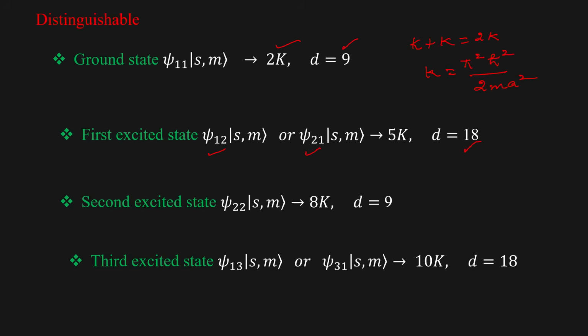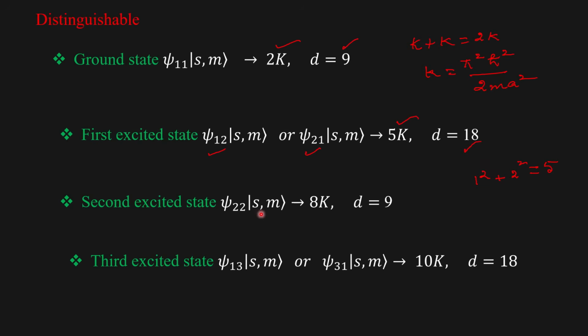What about the energy? 1 squared plus 2 squared, totally you have 5. So 5k. Then the second excited state is psi 2 2 χ_sm. Here the particles are distinguishable, but both are at the same energy state, like psi 1 1.